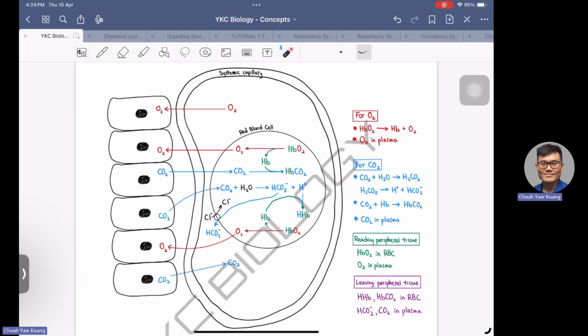That means that when the blood leaves the peripheral tissue towards the lung, inside the red blood cell it will have a lot of HHb, hemoglobinic acid, and a lot of carbaminohemoglobin, HbCO2. While in the plasma, it will contain a lot of bicarbonate ion and also carbon dioxide molecules.